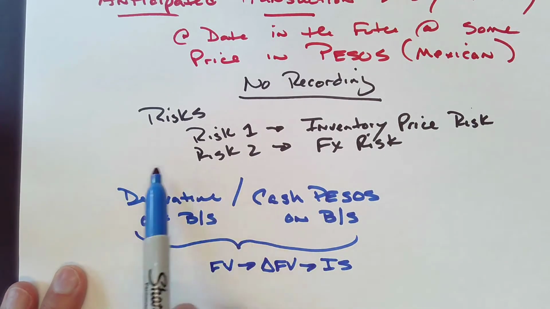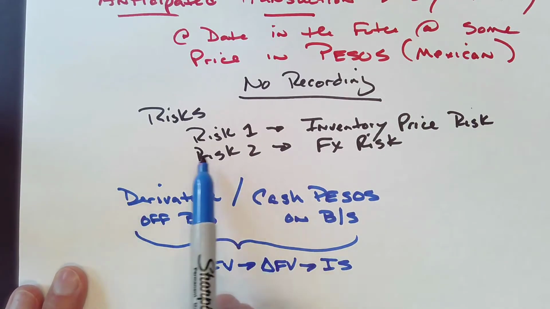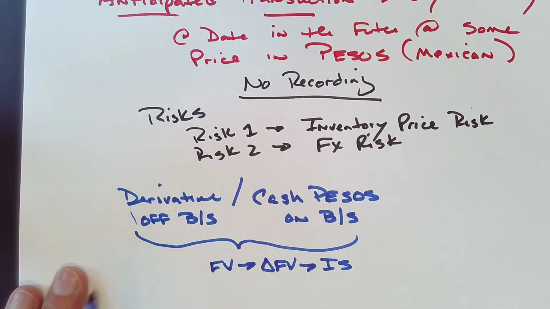If I have a derivative, I have a counterparty, there could be credit risk, there could be other things going on that might also affect the fair value. With the pesos, it's only going to be for the FX risk. There may be other things as far as calculating fair value that could come into the derivative. But let's take out of the equation a discussion about the credit risk issues around the derivative contract.